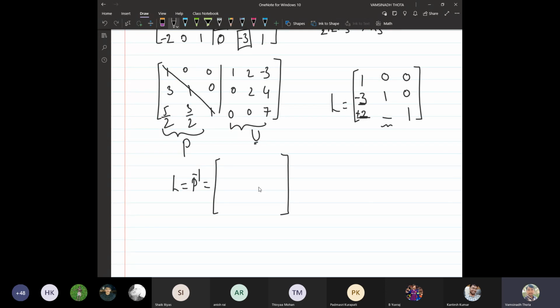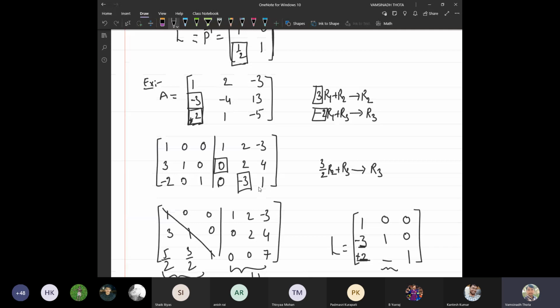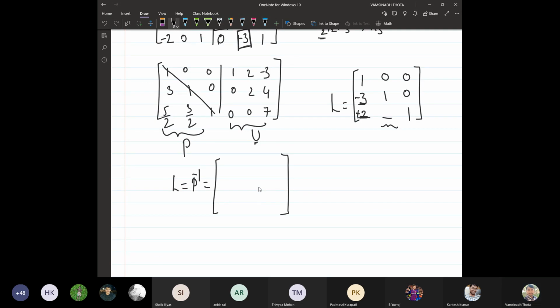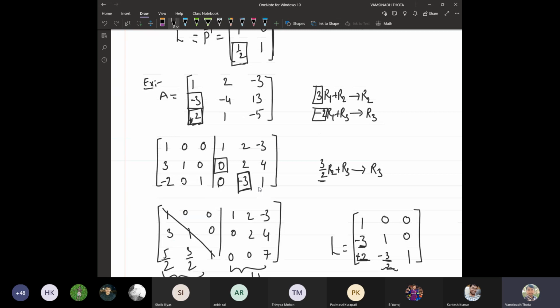Now one more entry, this one. While making this entry 0, what is the multiple that we have used? 3 by 2. So you write here minus 3 by 2. So actually the unit lower triangular matrix has all the diagonal entries as 1, above the diagonal all are 0, and below the diagonal the entries are nothing but the multiples of the row operations we used while converting the matrix A to upper triangular matrix.